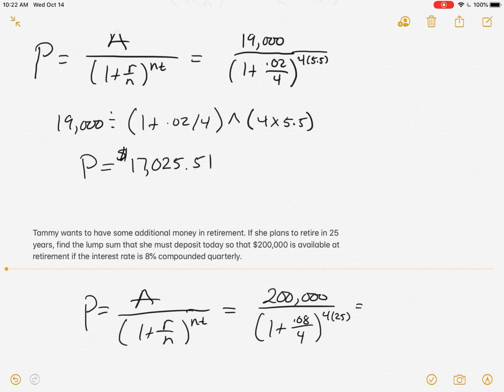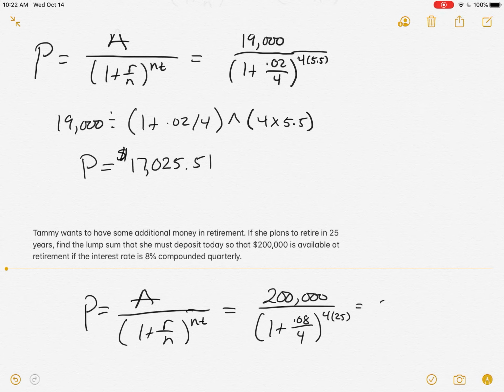So let's see what she needs. Let's take the 200,000. Make sure to get all the appropriate zeros. Divide by, open parentheses, 1 plus 0.08 divided by 4. Close those parentheses. Raise to the open parentheses 4 times 25. Or you could just raise it to the 100 if you know that 4 times 25 is 100. And it equals, and this is what she has to save.